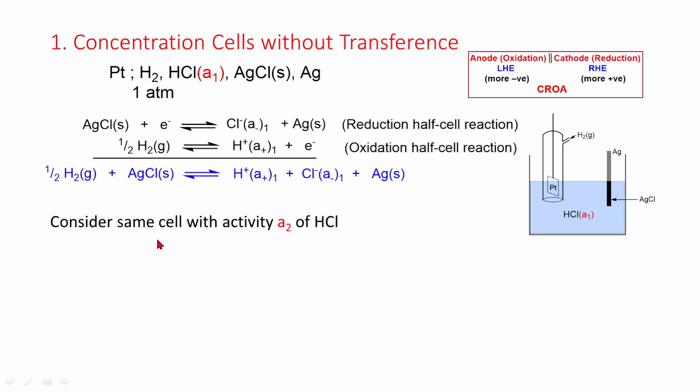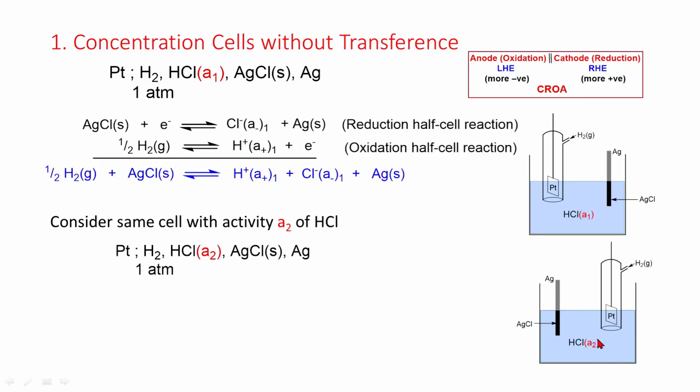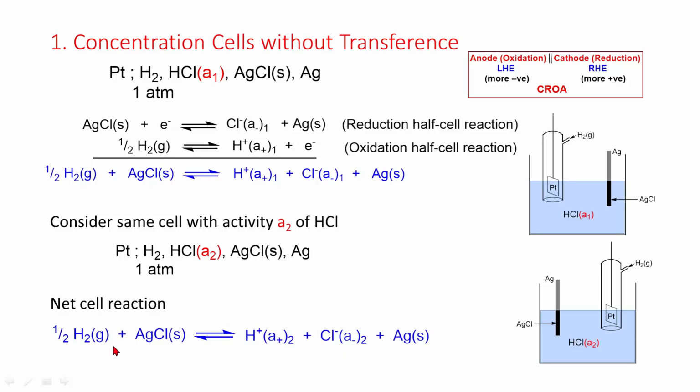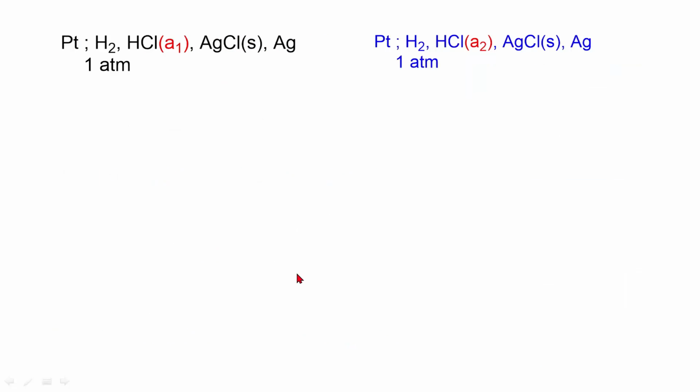Let us consider the same cell with activity A2 of HCl. Net cell reaction will be given by this relationship. We have considered two cells at different activities.